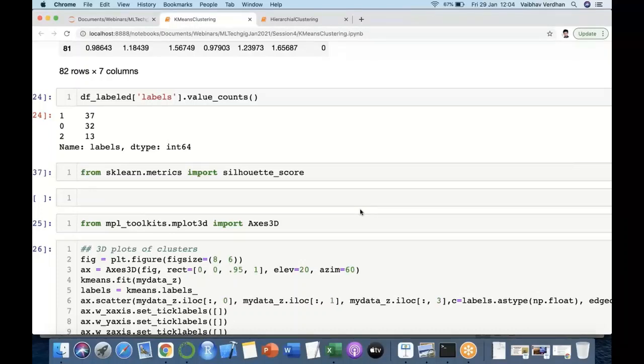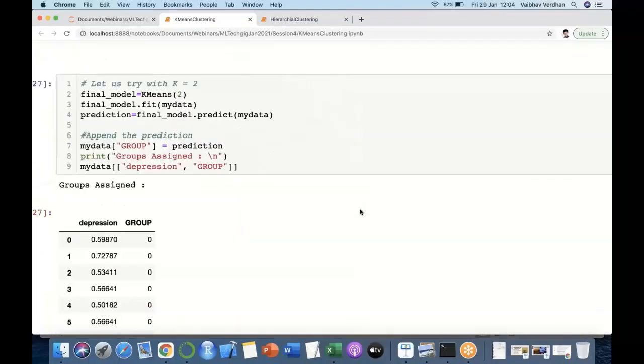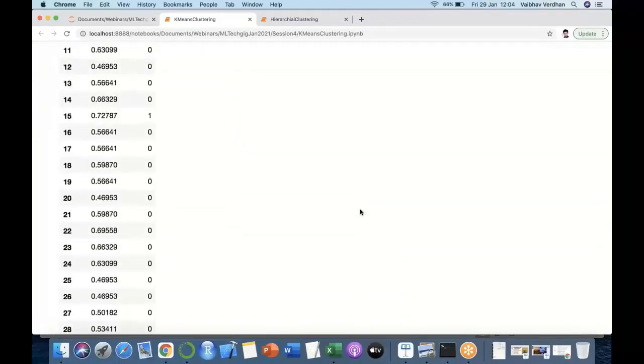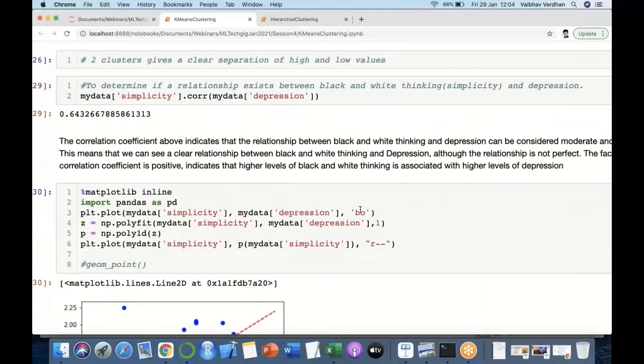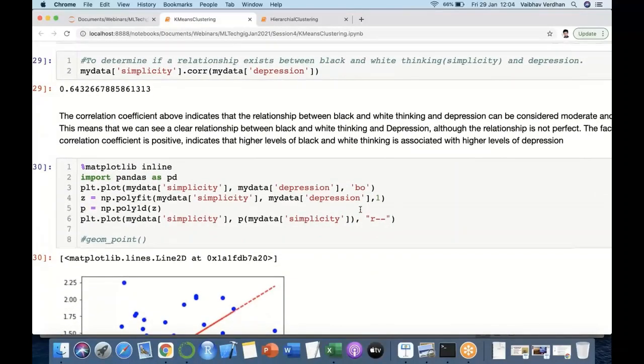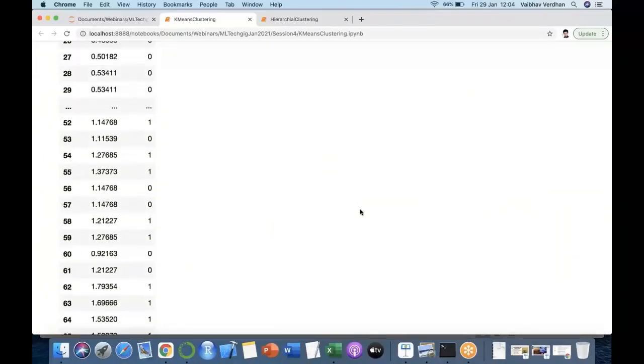Now, for measurement of accuracy, there's a parameter called Silhouette score. Simply put, it measures the purity of your clusters.